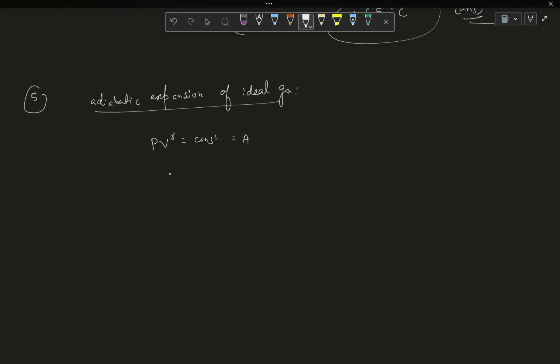Then the derivative of the left hand side is equal to the derivative of the right hand side, equal to 0, because the right hand side is a constant. Now take part by part derivative on the left hand side term. So first let us take the derivative on P. So this is V to the power gamma dP. Then keep P constant and take the derivative over V. So this is P times gamma V to the power gamma minus 1, then dV equals 0.